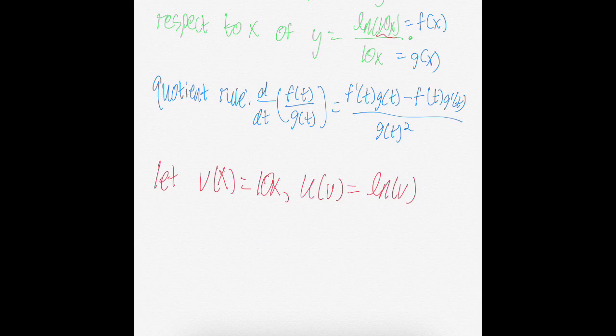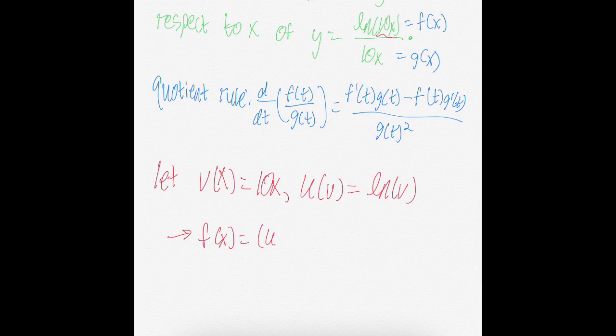Okay, so we're going to do chain rule again. We're doing chain rule again because I see that I have this 10x within the bigger function of ln. So what I'm doing down here is I'm breaking it down in terms of its composite function.